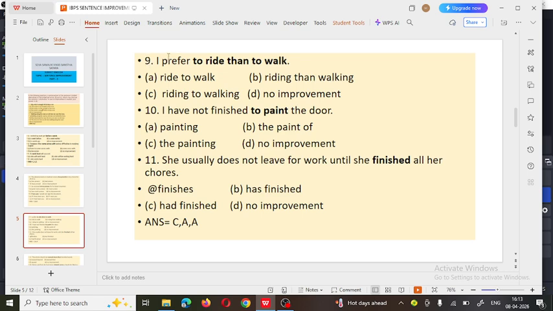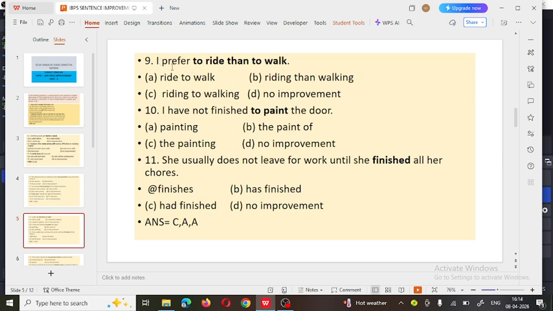Now let's see the ninth statement here. I prefer to ride than to walk. Now the bold part is to ride than to walk. So both to ride, to walk, they are infinitives. Now instead of that, if we say I prefer ride to walk, it has no meaning.